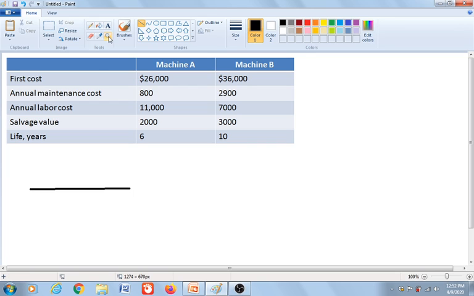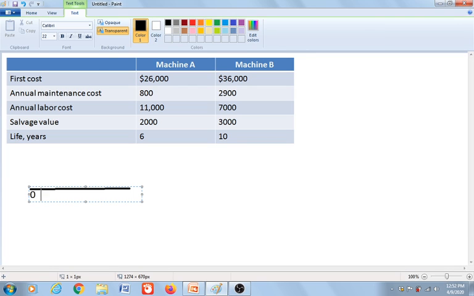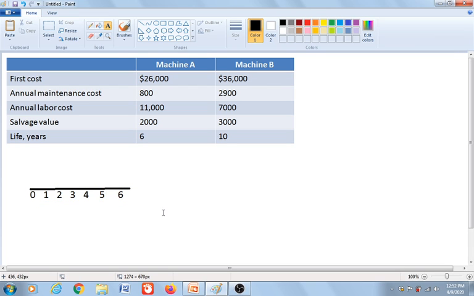Okay, so we have years 0, 1, 2, 3, 4, 5, and 6. And the first cost of machine A is 26,000. So that's a negative cash flow, and that happens in year 0.